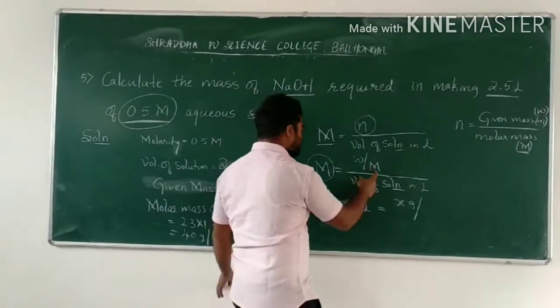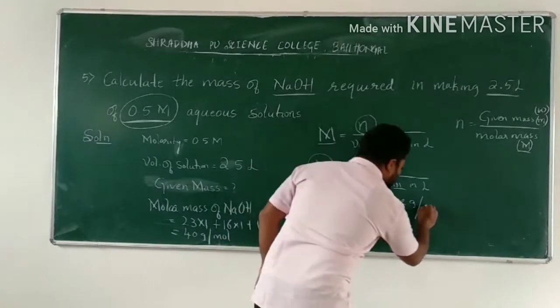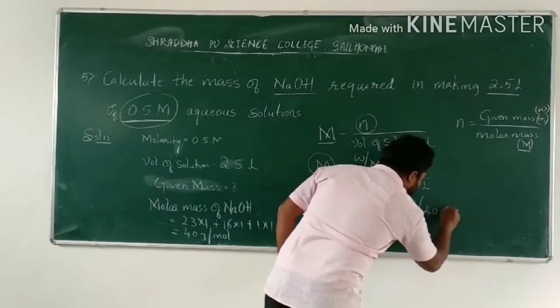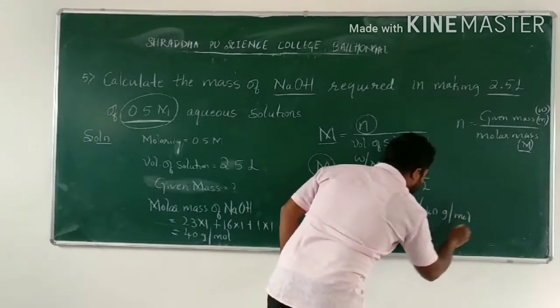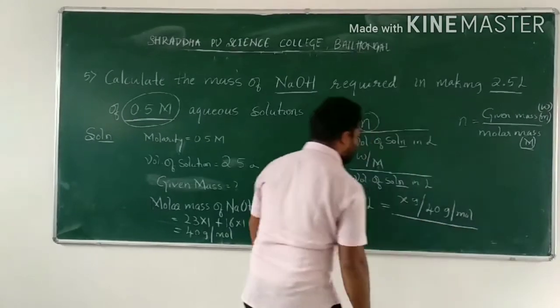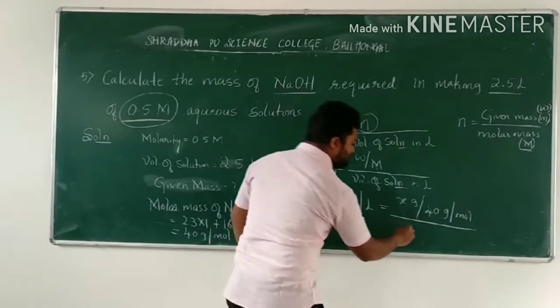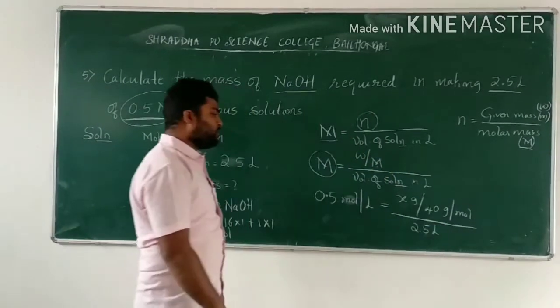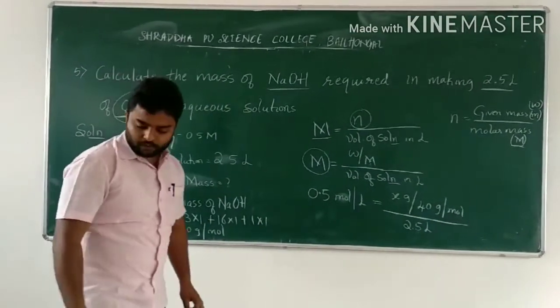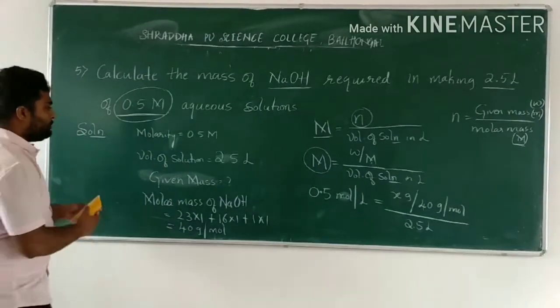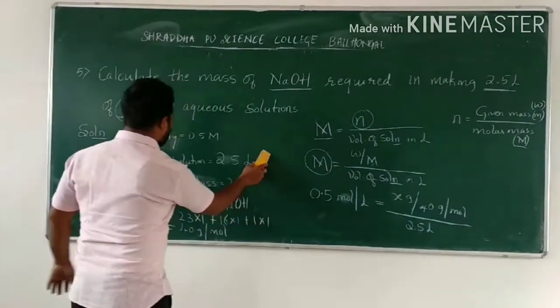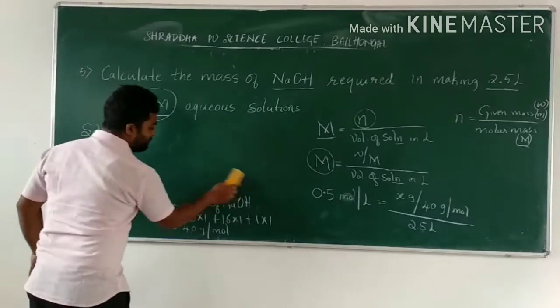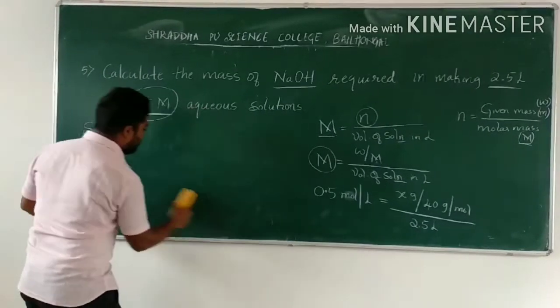And molar mass is equal to 40 grams per mole, divided by the volume of the solution in liters, that is 2.5 liters. So I am just going to further simplify this. Therefore I need it in x.